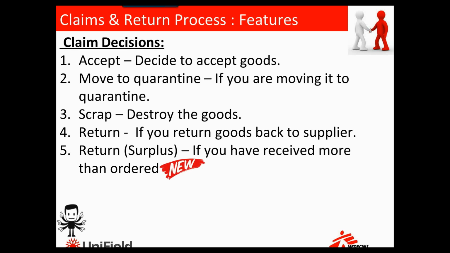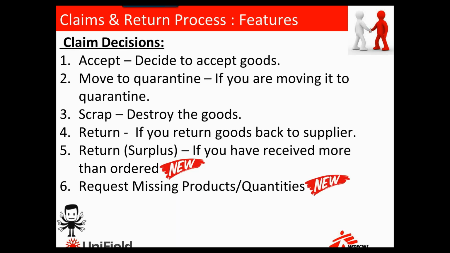This can happen, let's say, when coordination initiated the field order and added one line item that you had not wanted, and it comes to your location and you decide to send it back because you don't need that item in your project location. You can do a return surplus, just as an example. A few things happen when you select return surplus, and I will share that with you in the next slide.